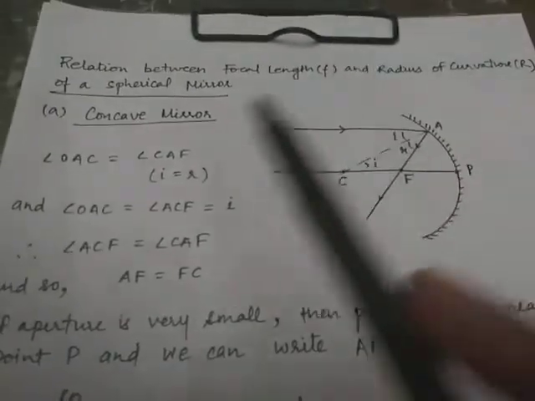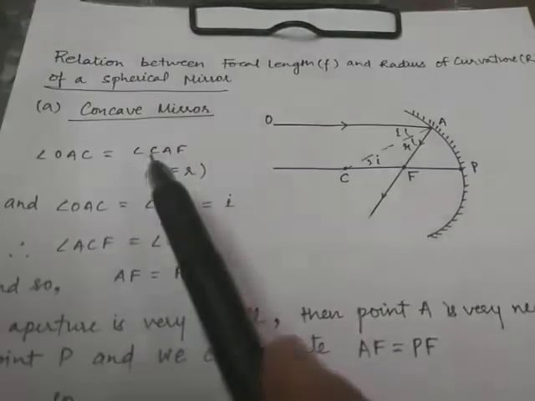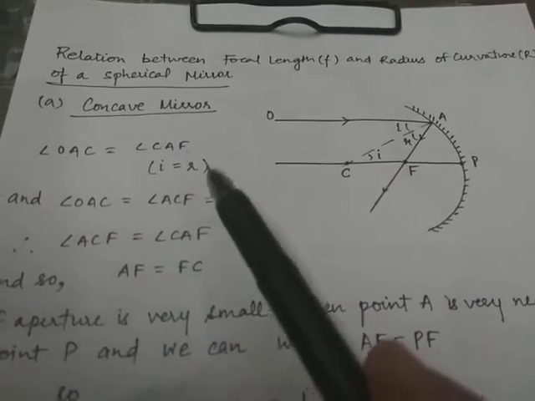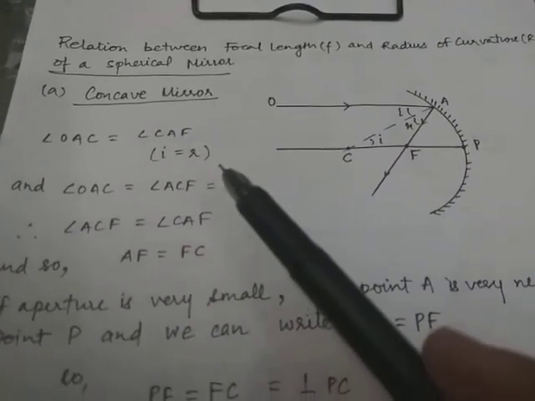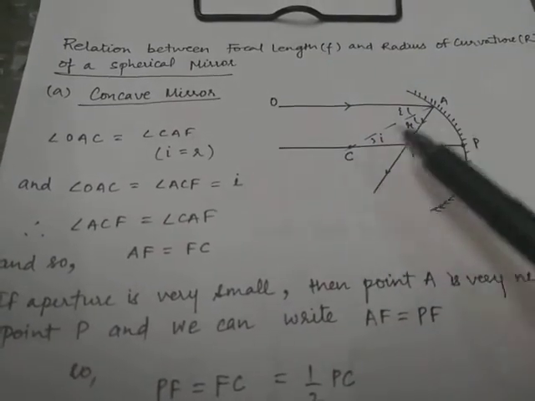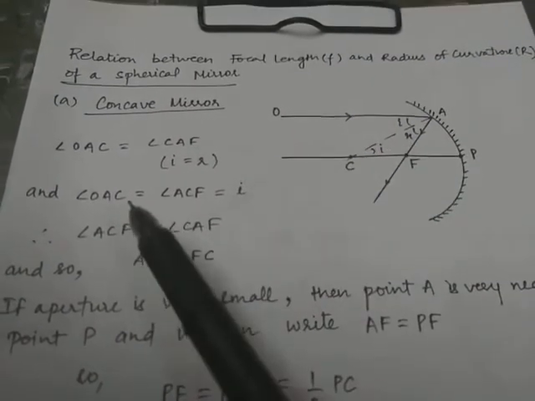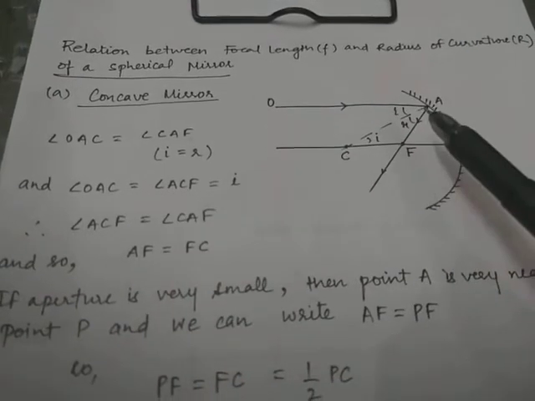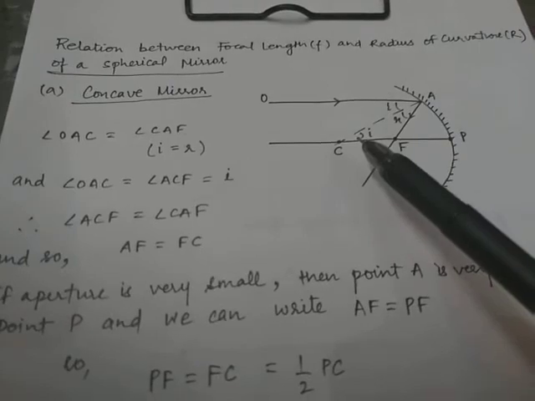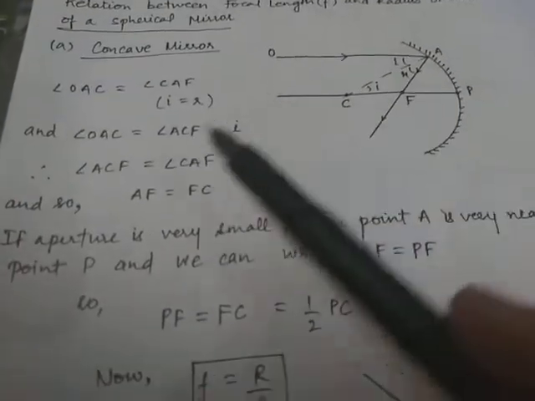So see the derivation. Angle OAC is equal to angle CAF. I is equal to R, that is law of reflection, and angle OAC is equal to angle ACF. Both are equal because of alternate angles.